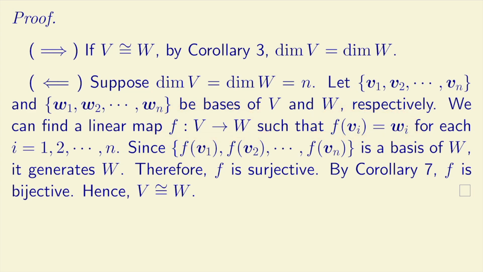Since the set F of v1 to F of vn is a basis of W, it generates W. Therefore, F is surjective, and since dim V equals dim W by corollary 7, F is also bijective, which means it's an isomorphism, so the two vector spaces are isomorphic. That's a neat proof, given all the tools we have developed.